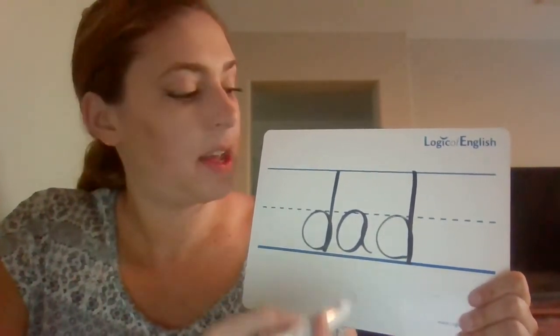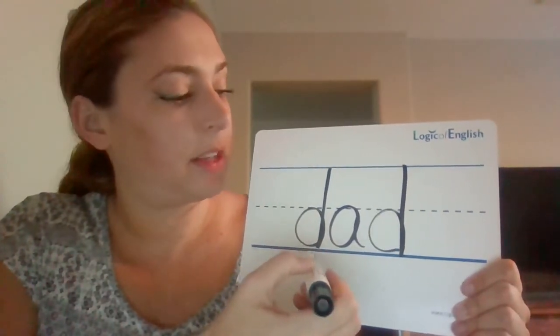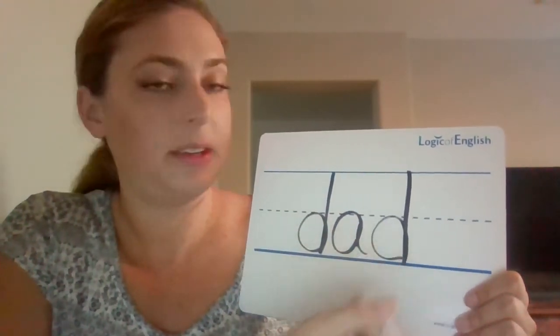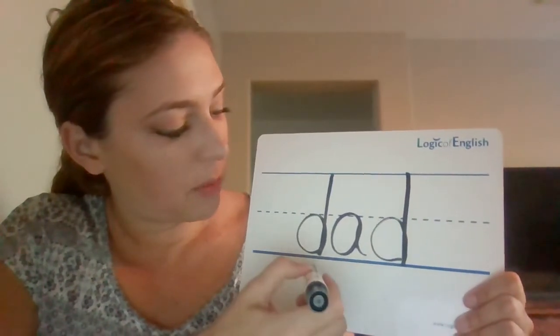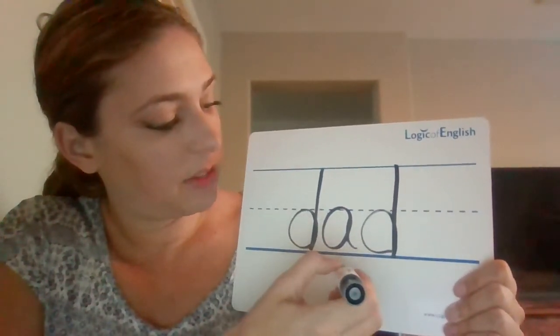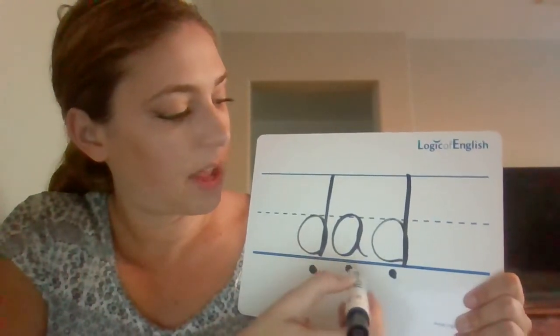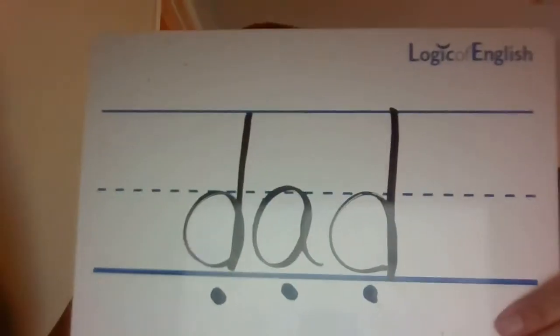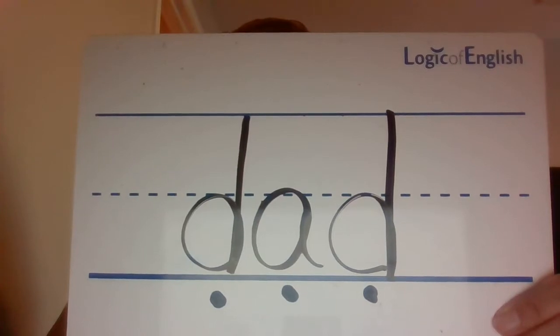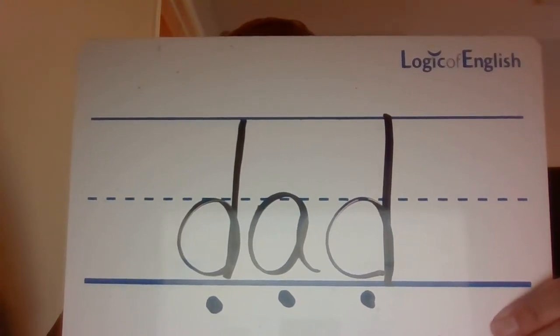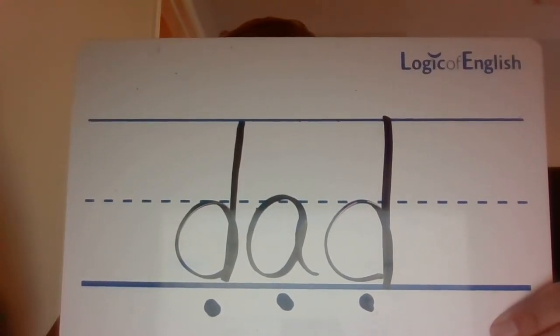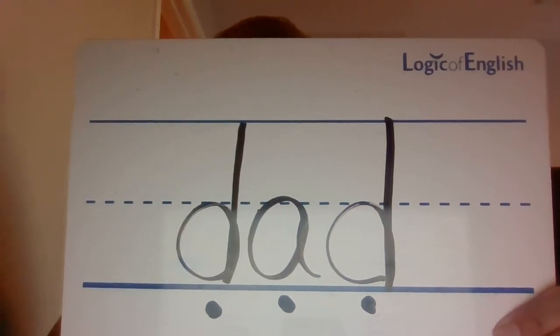As you're writing it, say the sound that each letter makes. When you're done, I want you to put a dot under each letter as you say the sound. Look like this. Good, friends. Good.